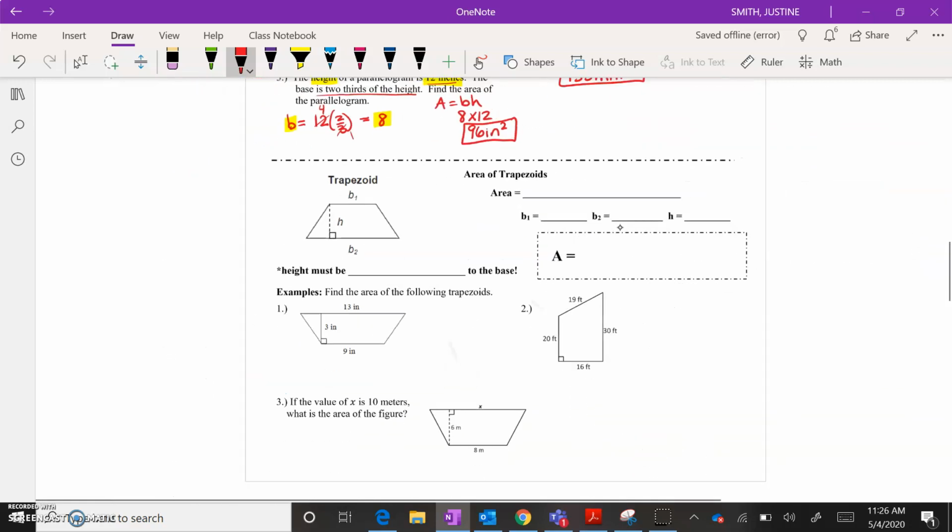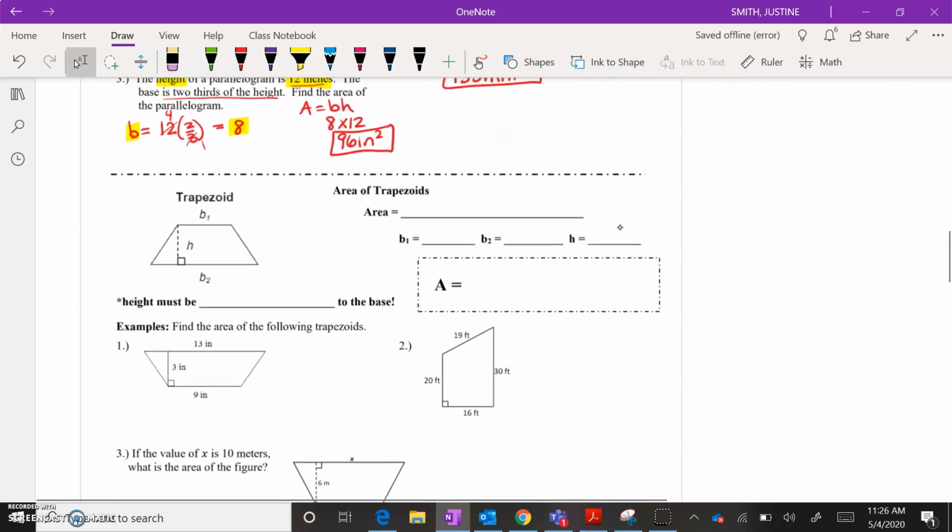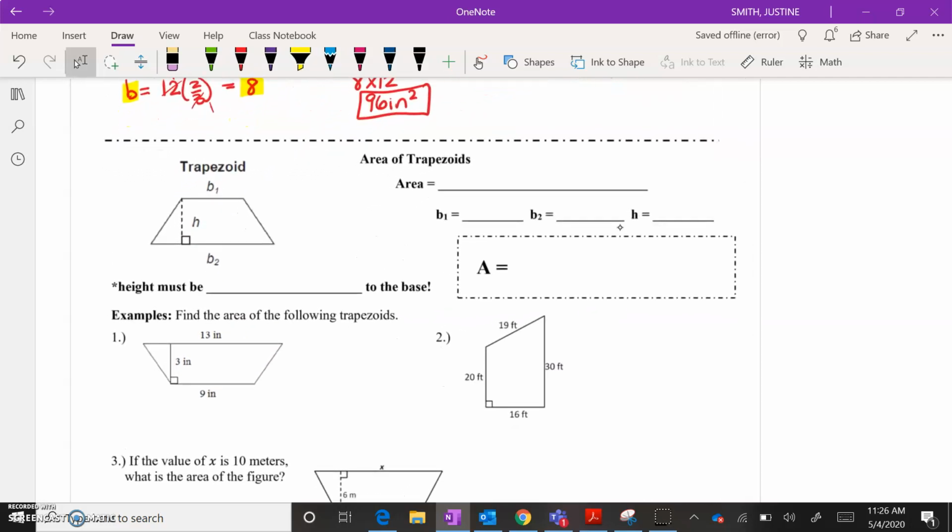All right, so last part here is trapezoids. Okay, so the area of a trapezoid is 1/2 the height times base 1 plus base 2. So base 1 you can see is just like the top, base 2 is the bottom, and it doesn't matter if you switch those up.